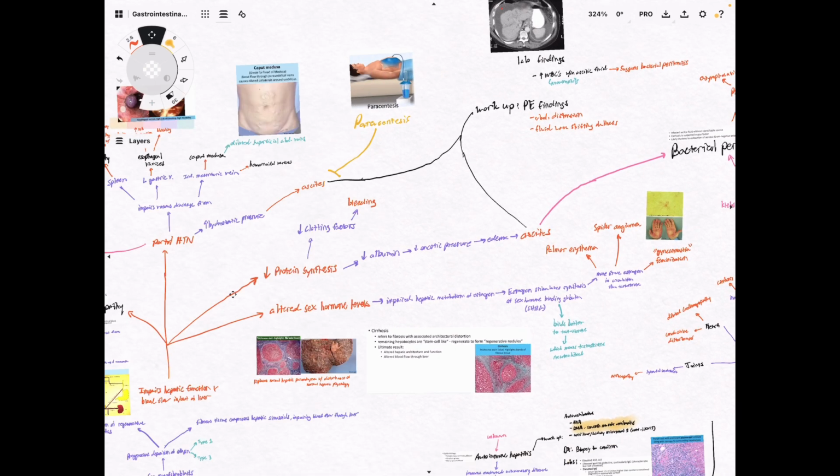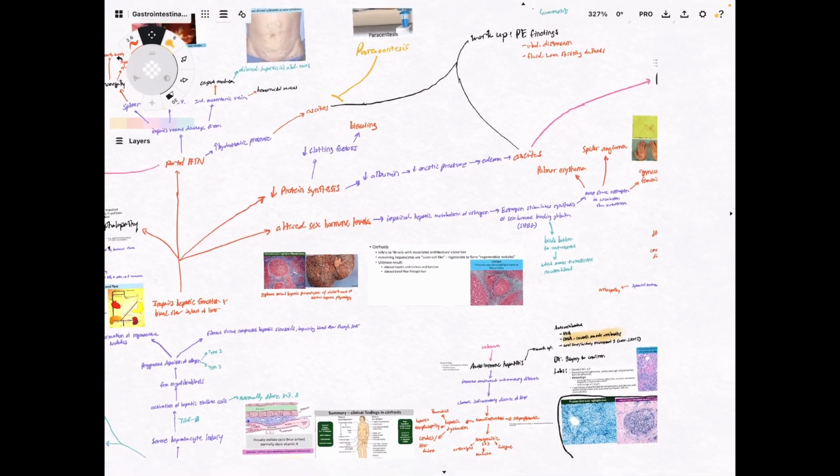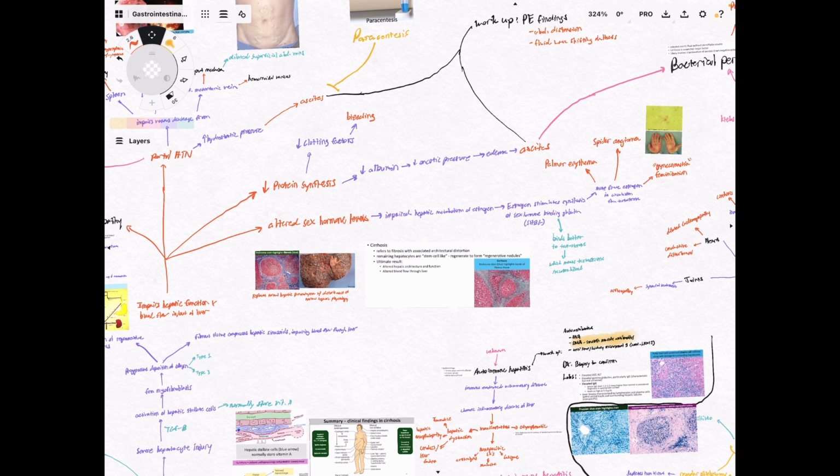and talk about another issue that can be caused with cirrhosis, and that would be altered sex hormone levels. Now, there's really mainly just one way that this occurs, but kind of two mechanisms. First of all, the liver's job is to metabolize estrogen. And if you can imagine, if the liver's getting all fibrotic and scarred, then it can't metabolize estrogen, so you're going to have more estrogen in circulation.